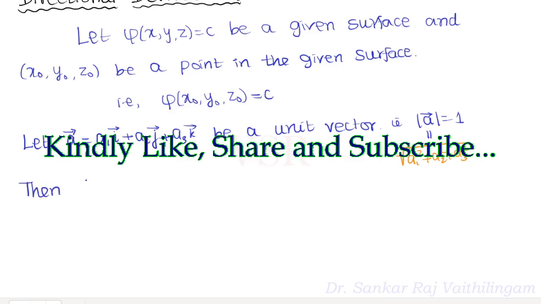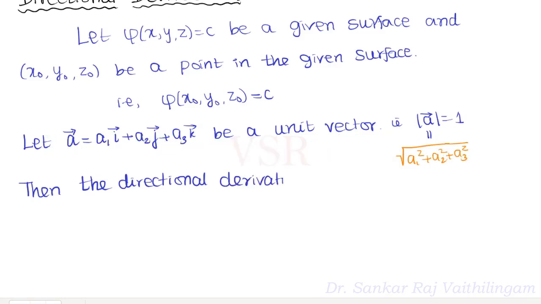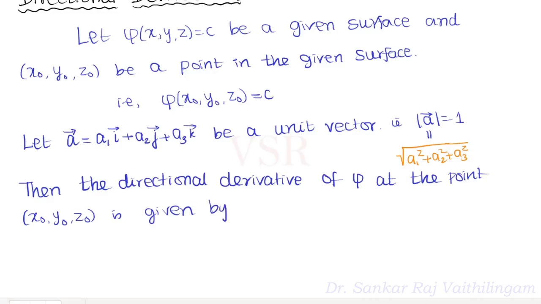Then the directional derivative of phi at the point x0 comma y0 comma z0 is given by, very simple, a vector dot product with del phi of x0 y0 z0.